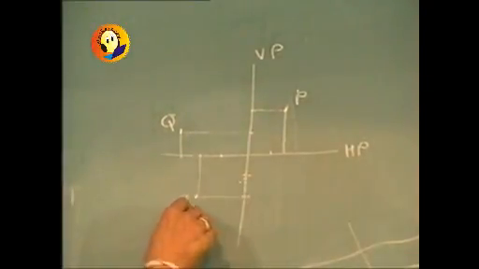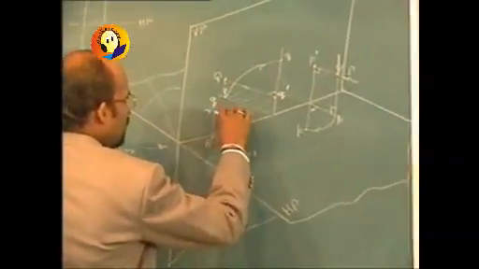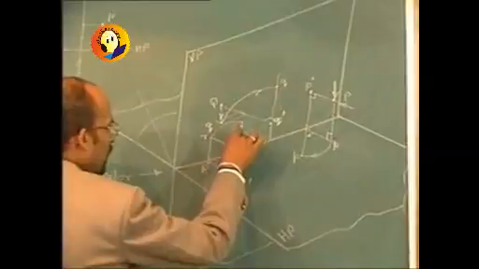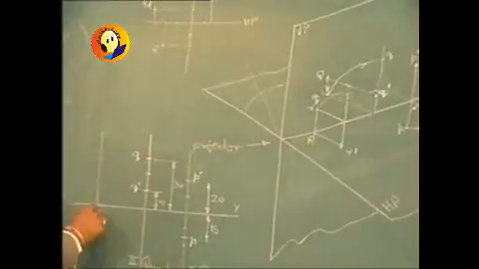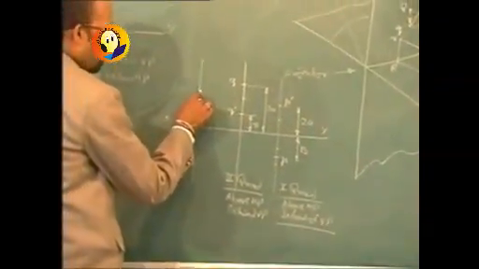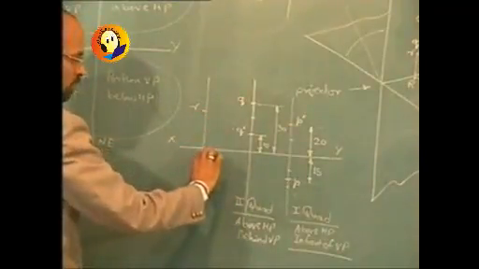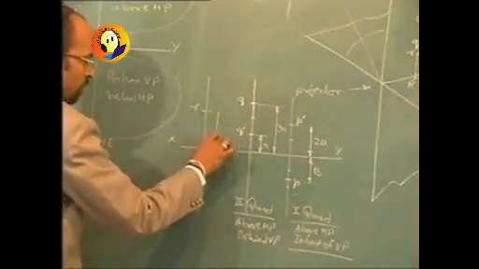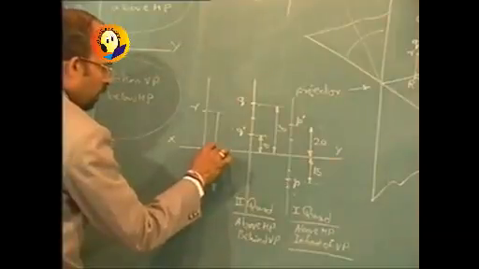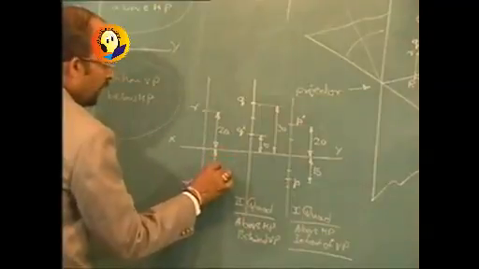This is point R. After rotation, this is going to be the elevation R dash, and this is plan R. This R plan is going to shift up, and it will be on the same projector, and you will find that projections of point R will be plan R and then elevation R dash, both at a distance 20 that was given to us.